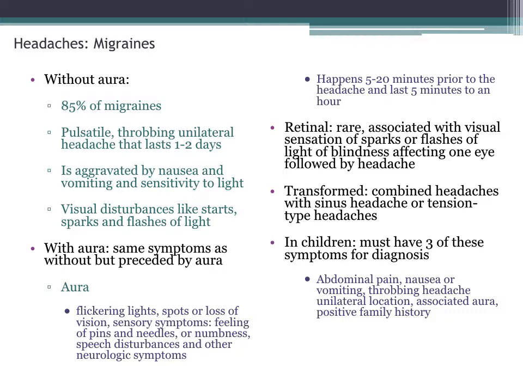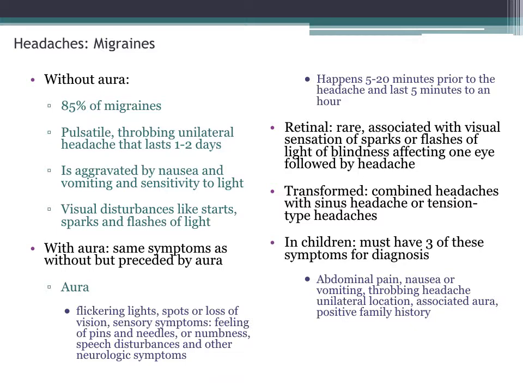And when we say unilateral, it means that if you were to draw a line down the middle of your nose and down to the back of your neck, it would only be on one side of your head. It wouldn't be on both sides of your head. It's aggravated by nausea and vomiting and sensitivity to light.